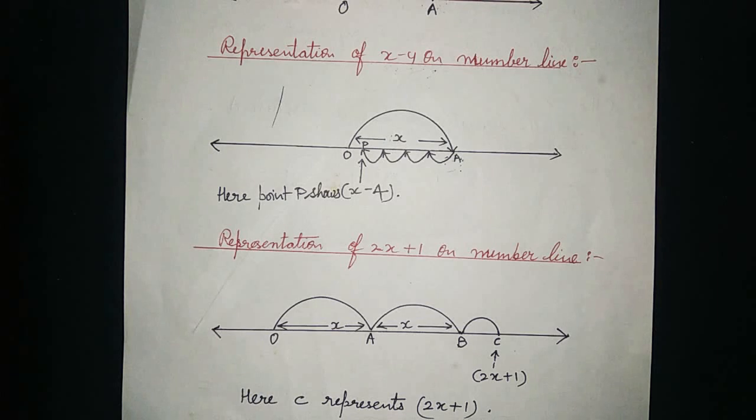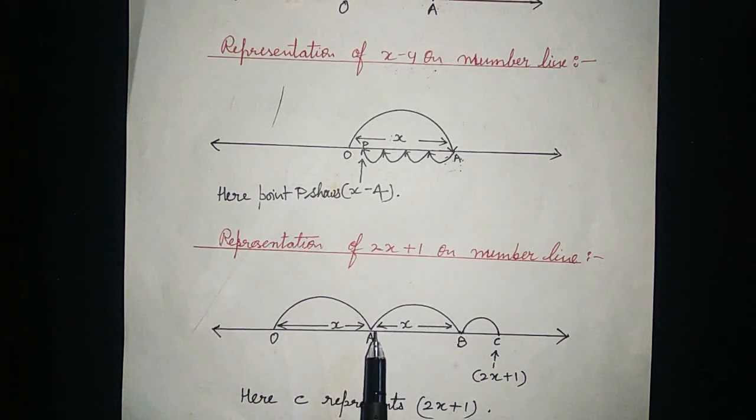Now students, see the representation of 2x plus 1 on number line. For this representation also you will draw number line and you will show the origin point. After this, here you can see the given expression is 2x plus 1. Here let A take the position x on the number line.